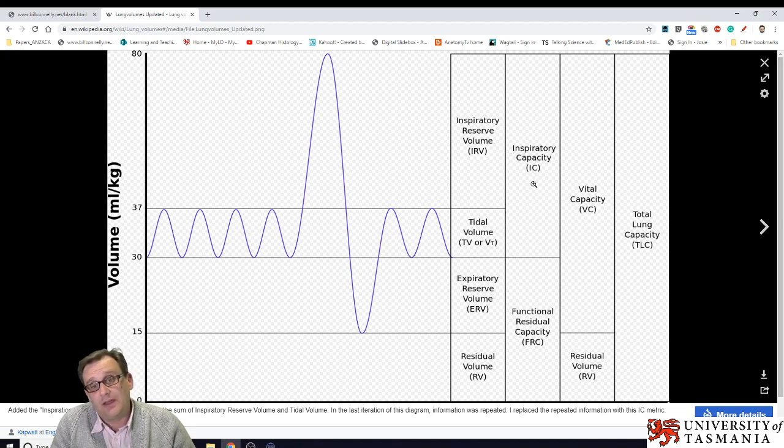So they actually end up being fairly similar or fairly close to 1 because they are both sort of shifting to the same degree. Whereas in an obstructive condition, you're seeing a much greater change in the FEV1 than you are in the forced vital capacity.